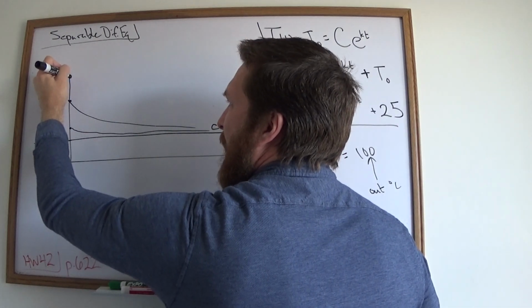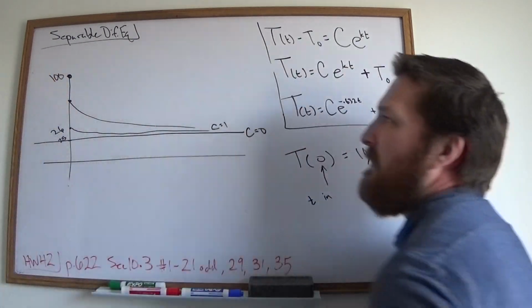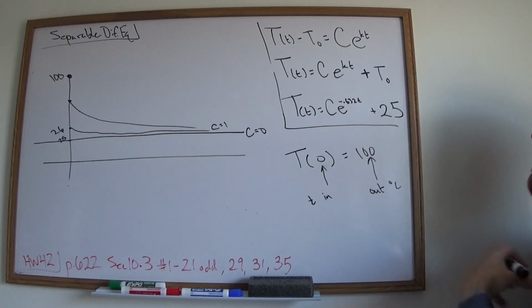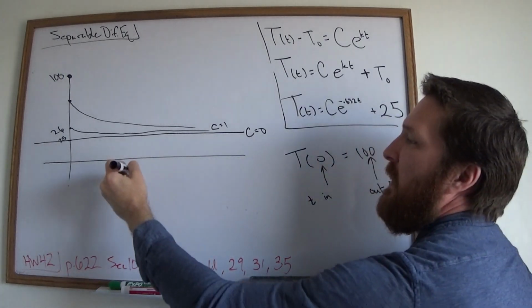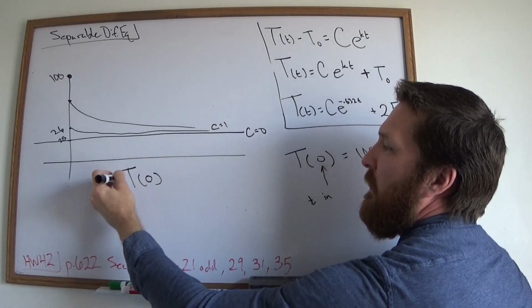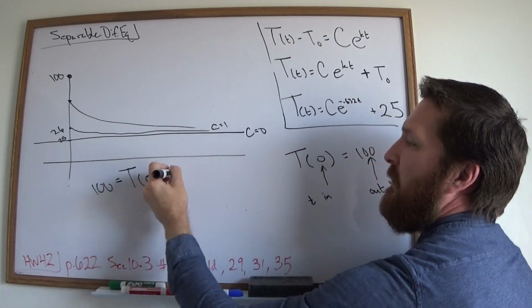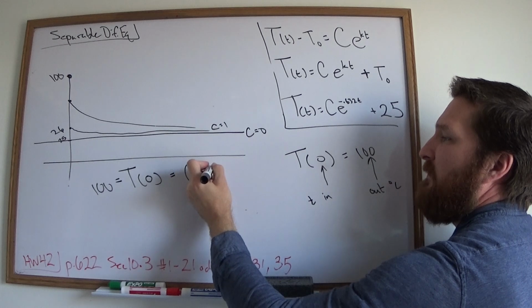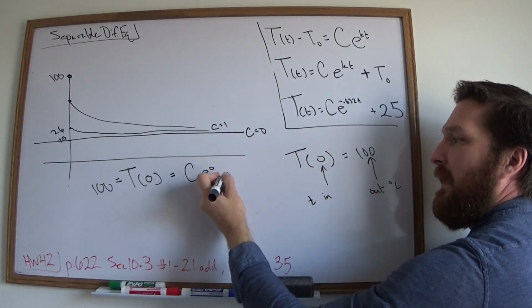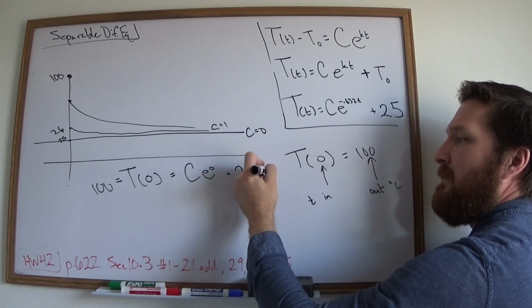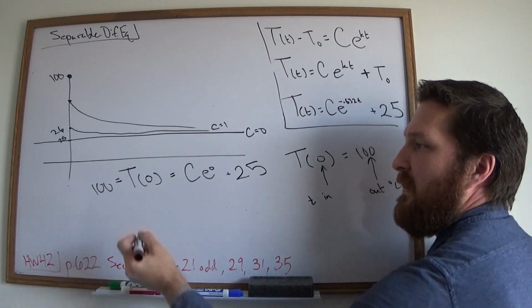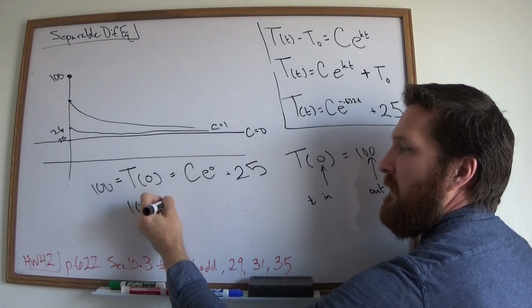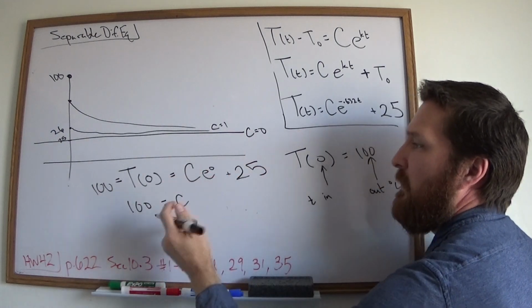And say, okay, I want the one where it's the situation that I was in. And so when I plugged in a 0, I got out a 100. That's the same thing as getting C e to the stuff times 0. Again, make your life a lot easier by using 0 in this case. That gives me 100 equals C times e to the 0 plus 25.